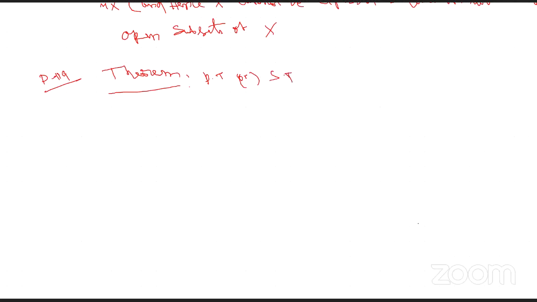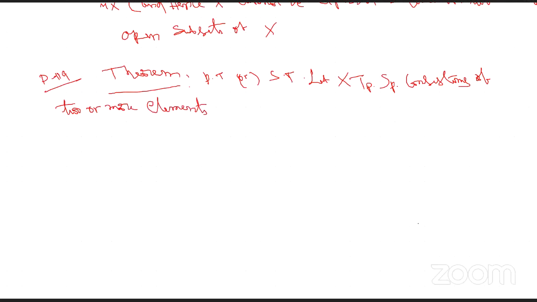Let X be a topological space consisting of two or more elements. Then the following statements are equivalent to each other.